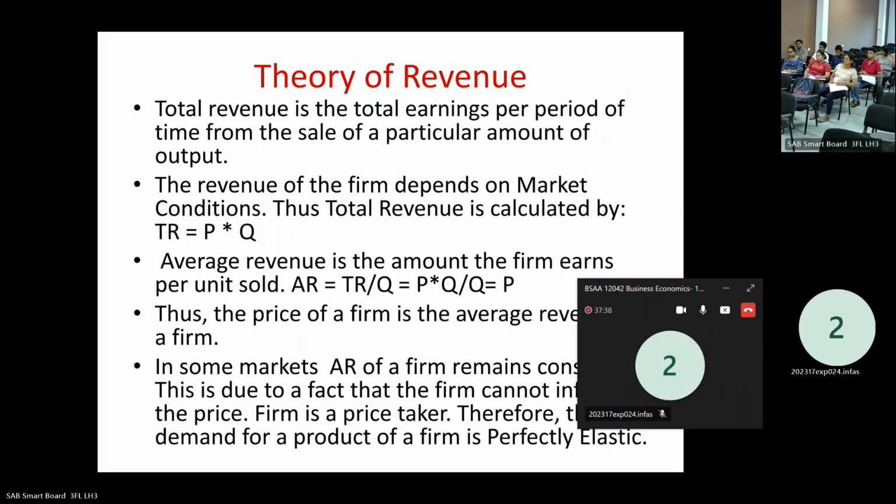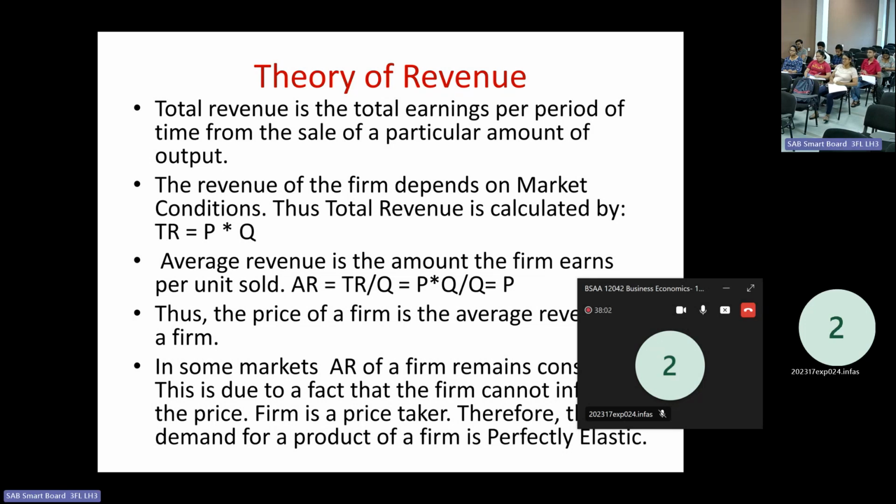That is the market condition depending on demand and supply variation. Sometimes demand may change, supply may change, due to different factors, so the price and the quantity change. That's why, with changes in the market conditions, the total revenue also changes.